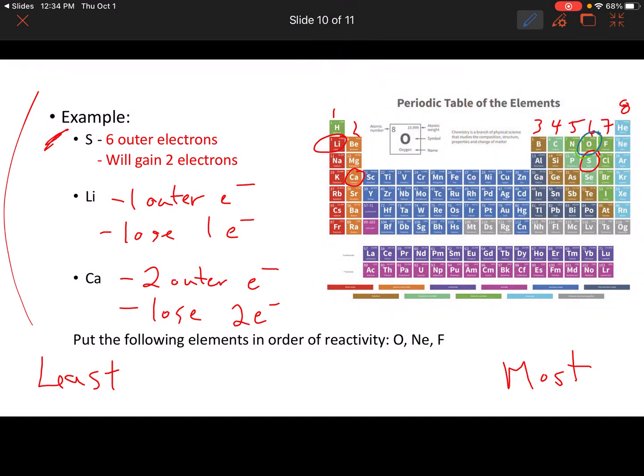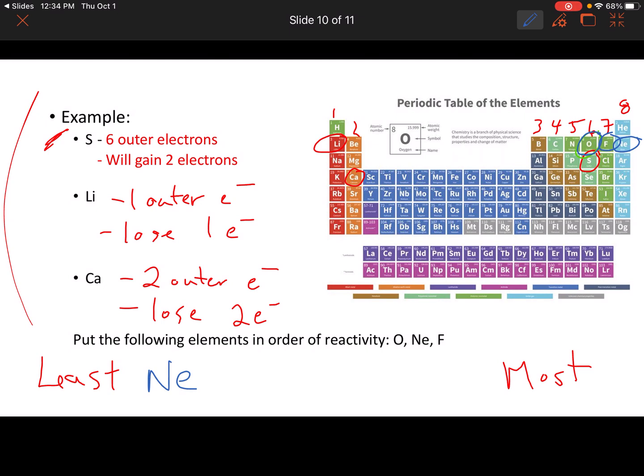We've got oxygen, neon, and fluorine. So the 3 in a row here. So right away, I'm going to ask you, which one is the least reactive? And hopefully you will figure out that it's neon, because neon is a noble gas, so it already has a full outer shell, doesn't want any more. Okay, so the least reactive is going to be neon.